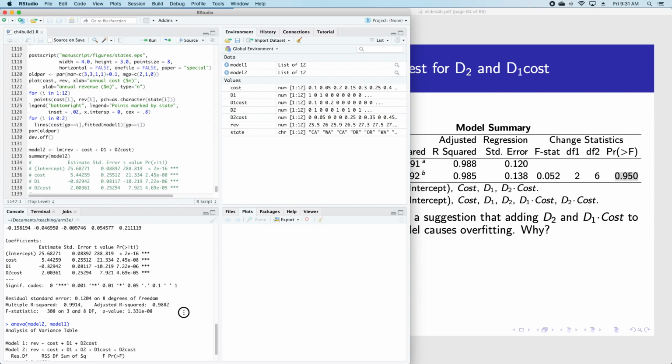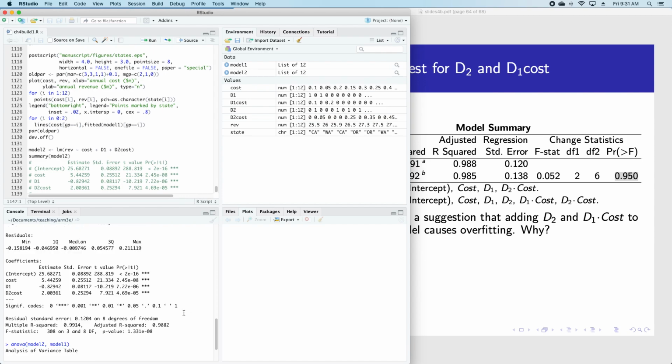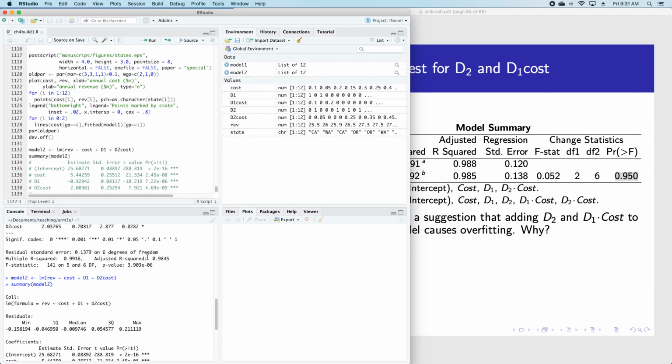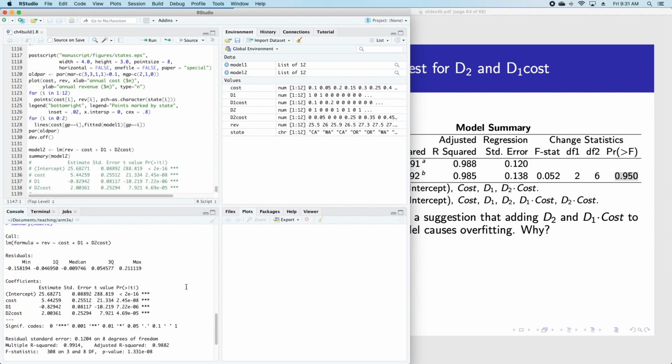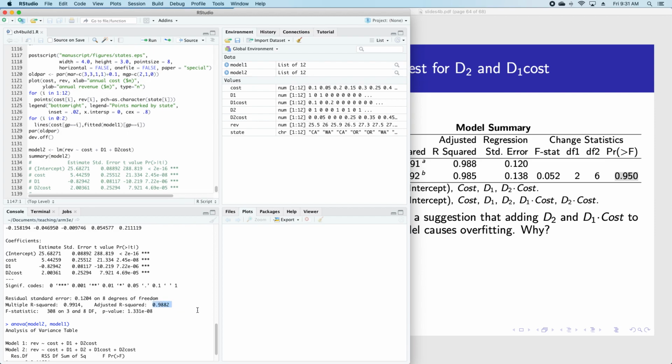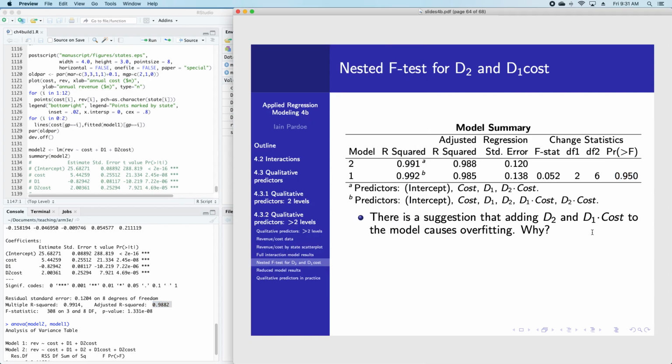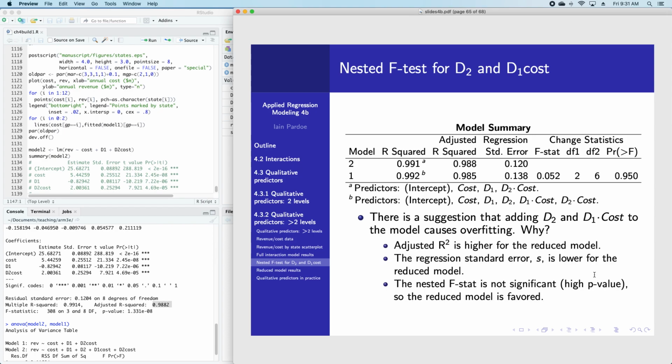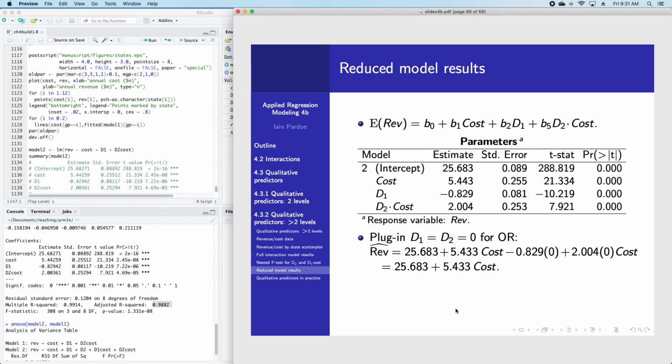So I'm getting a better model in terms of prediction accuracy, and we can also look at adjusted R squared, 0.9845 for the model with everything in it, and that increases to 0.9882 for this simpler model. So from all three perspectives, having these two terms in the model seems to be causing overfitting. So that brings us to this simpler model.